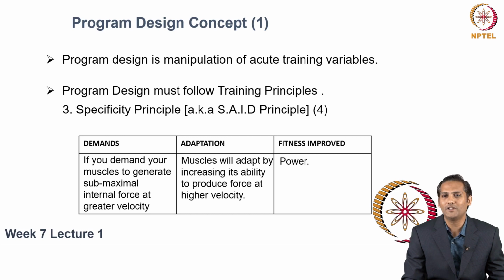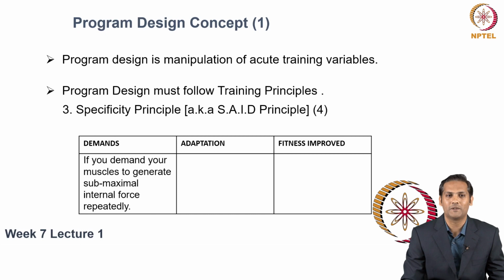So if you want to increase your muscular power, you have to demand your muscles to contract at a higher velocity and at a submaximal force. If you demand this through power drill exercises, your muscles would adapt and increase their capacity to produce more force at a higher velocity.